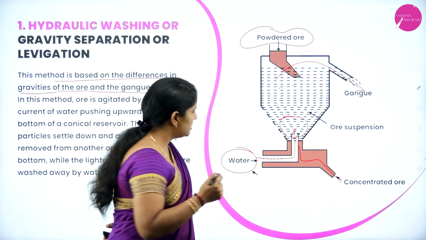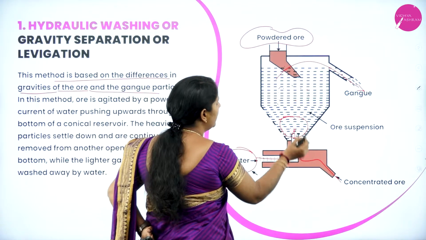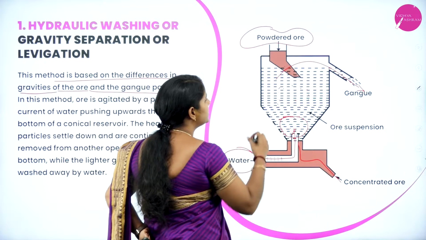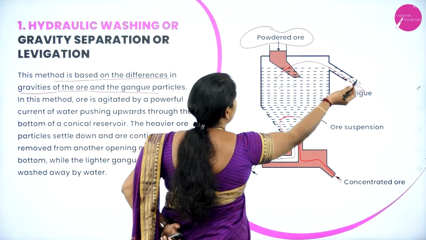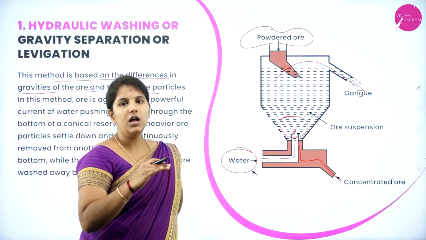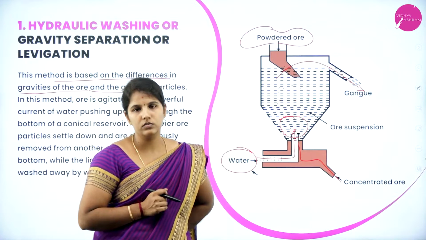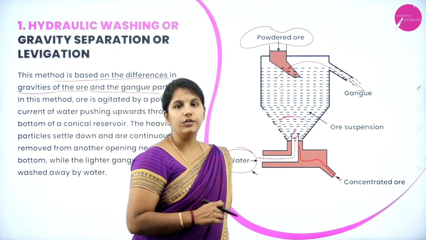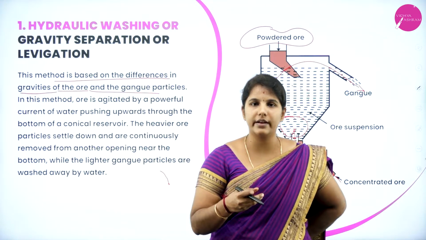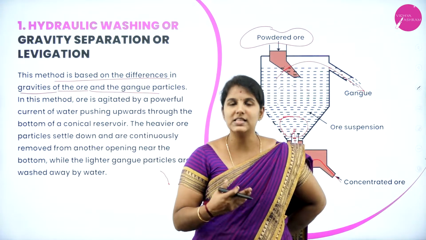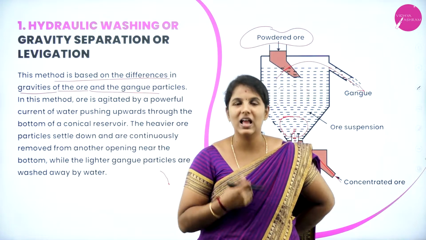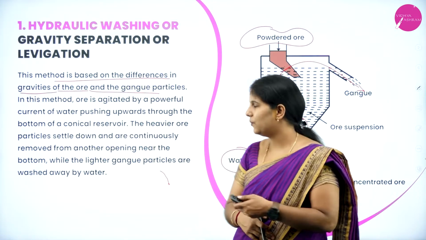That is why it is collected at the bottom. Whereas the lighter particles, in the form of sand or other impurities, come out by floating on the surface of the water. This is how they easily concentrate the ore by using water. Hope you all understood this method.